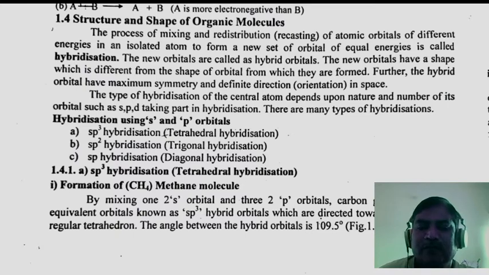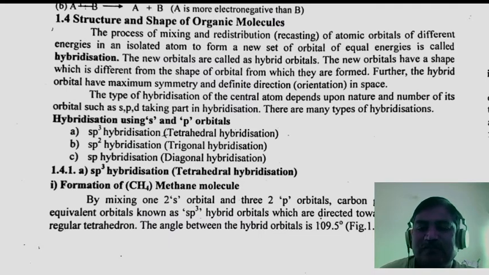Now all of you are more familiar with three different prominent types of hybridization. The first type is sp3 hybridization, which is observed in the methane molecule, that is CH4.